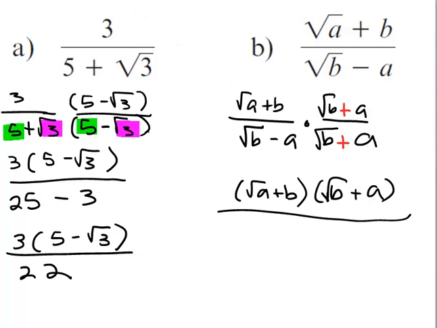And then let's take a look and see what we ended up with here. It's going to be this squared. So the square root of b squared is b. And it's going to be this squared. So it's a squared. And because it's difference of squares, we're subtracting. And again, there's nothing I can do with that.